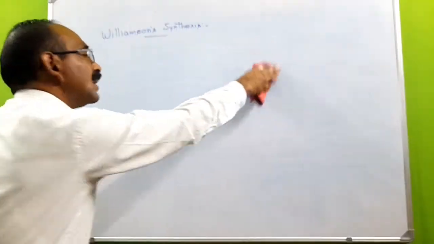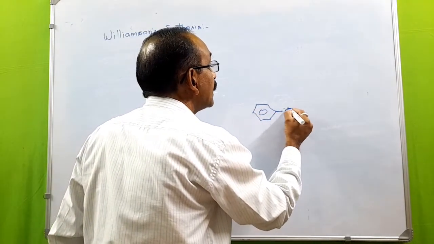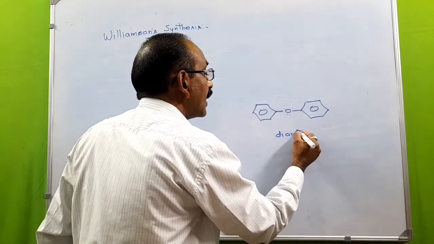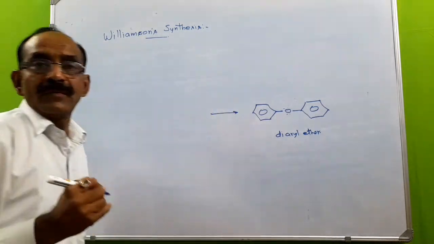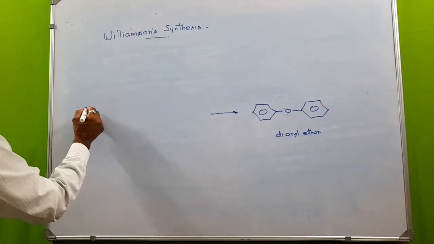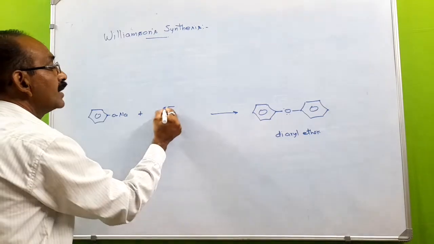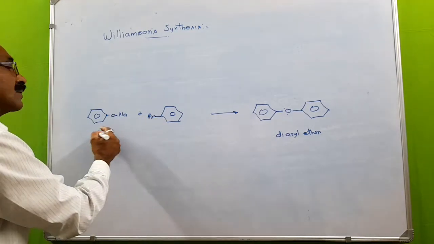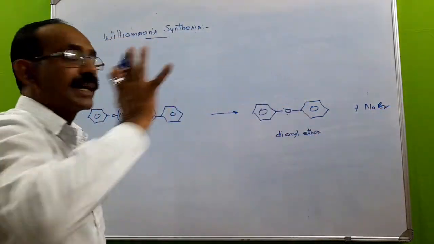See, another limitation is, let our ether be this type of ether. This time I am having a diaryl ether, and we want to prepare the diaryl ether using Williamson's synthesis. So one of the reactants must be sodium phenoxide, while another one should be an aryl halide. It is expected that we'll get a diaryl ether.